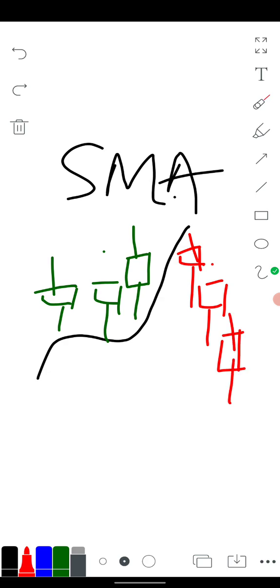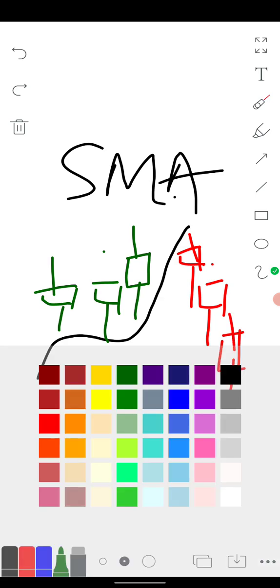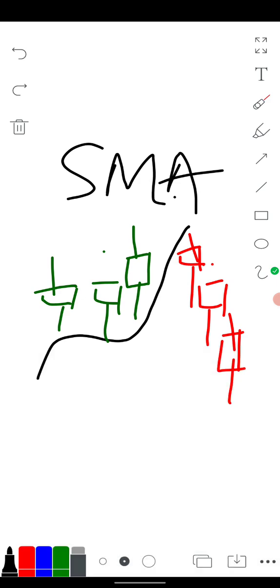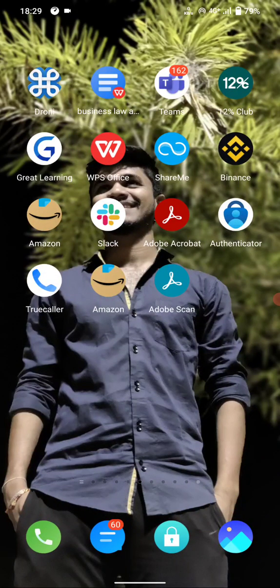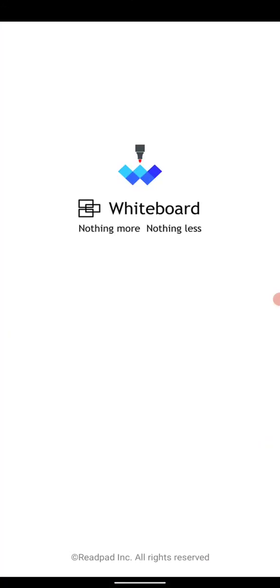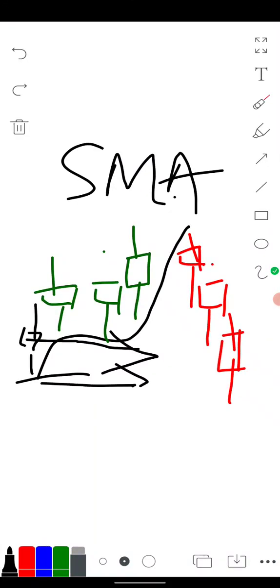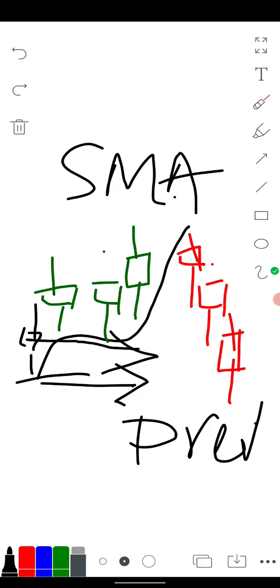And where can we keep the stop loss? We can keep the stop loss at the place where the low of the previous candle is formed, the low of the previous candle. This is all about SMA. And let's get into EMA.